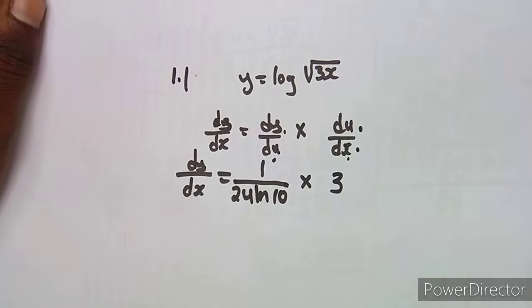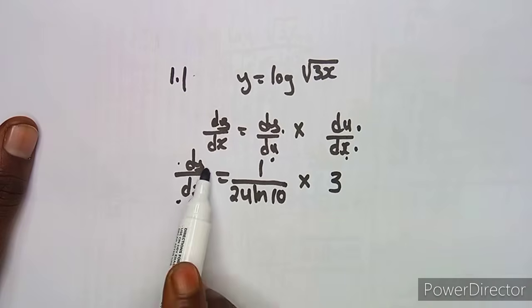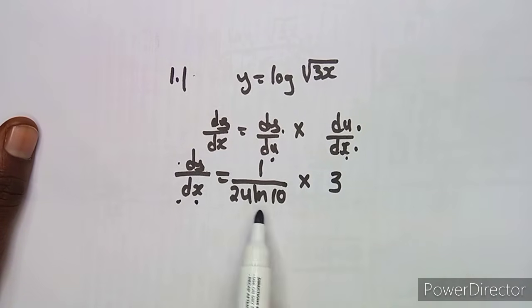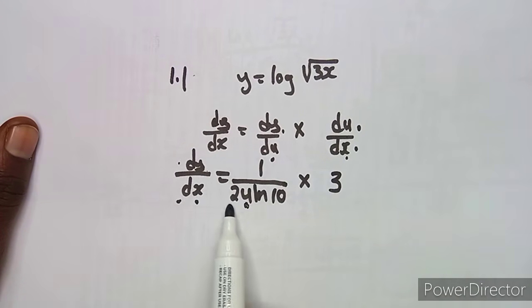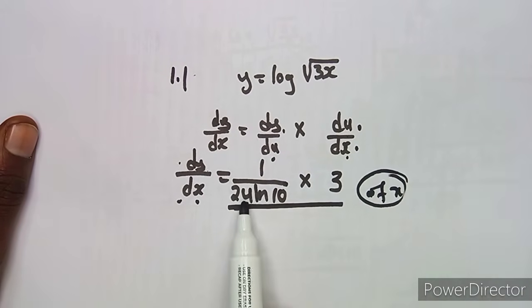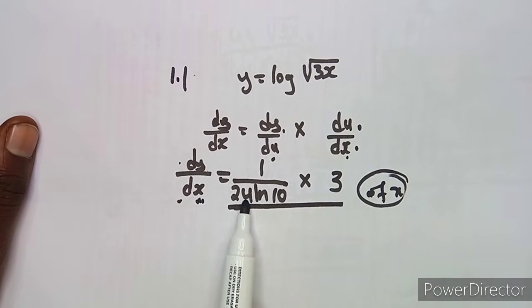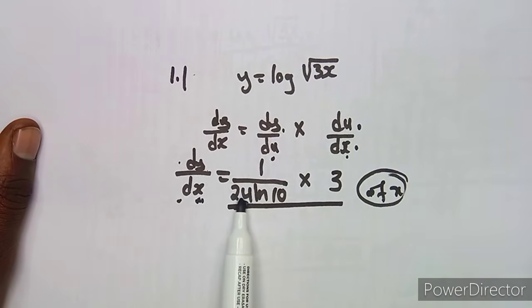But if we cross check now, this is dy/dx, which means it's a derivative of y with respect to x. So we must have an expression of x, not this u, because it's with respect to x, but here we have got a u. So what are you going to do with this u?